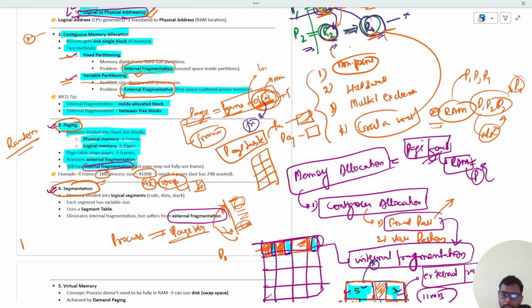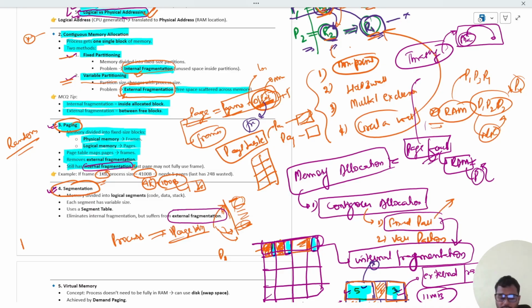With the page fault, there is another associated term, which is known as thrashing. What is thrashing? Thrashing means when a large number of page faults are occurring, most of the CPU time will be wasted in bringing those pages from secondary memory to the main memory, and such a situation is known as thrashing.